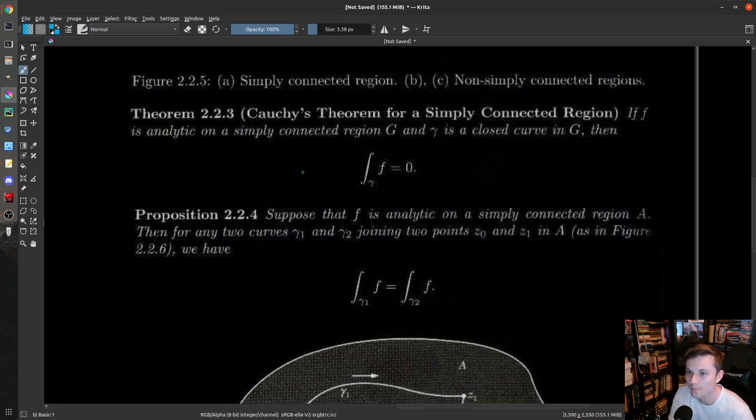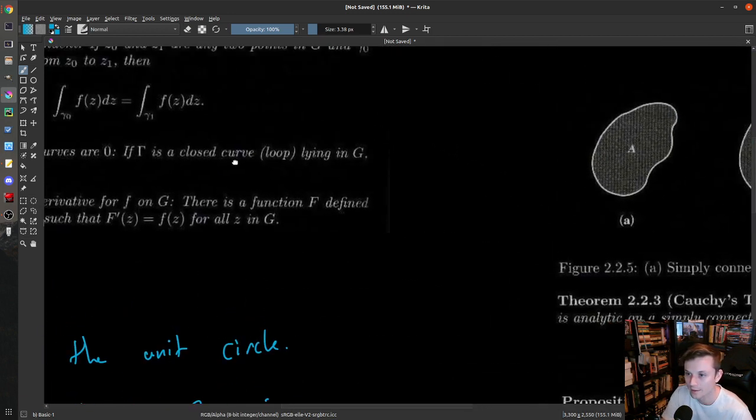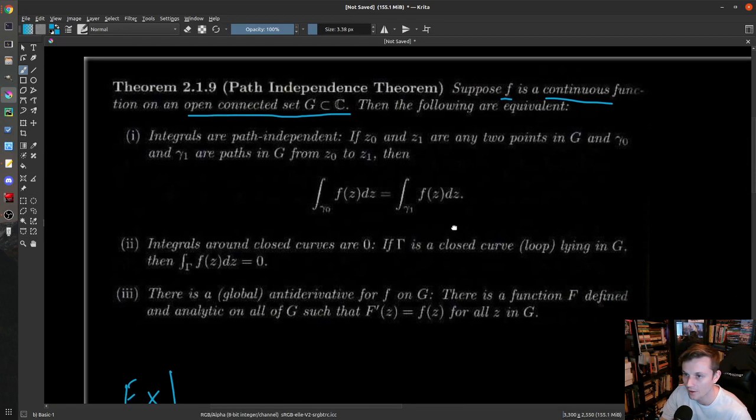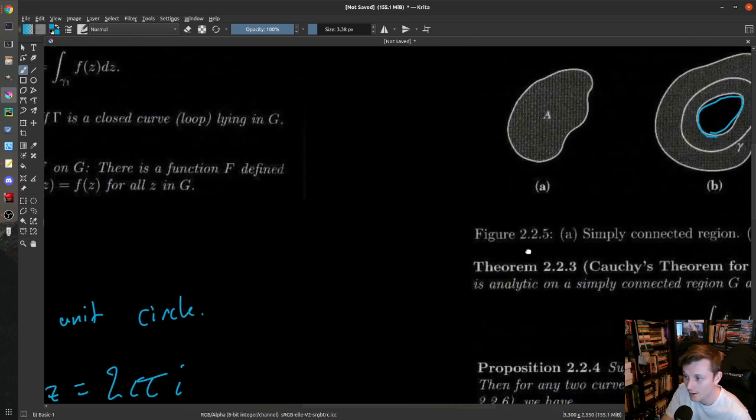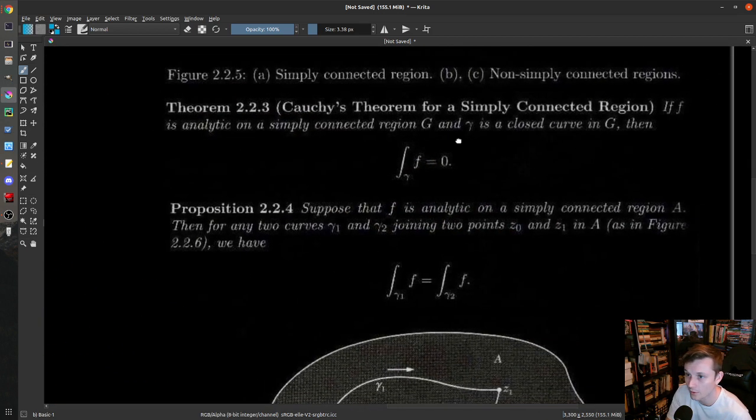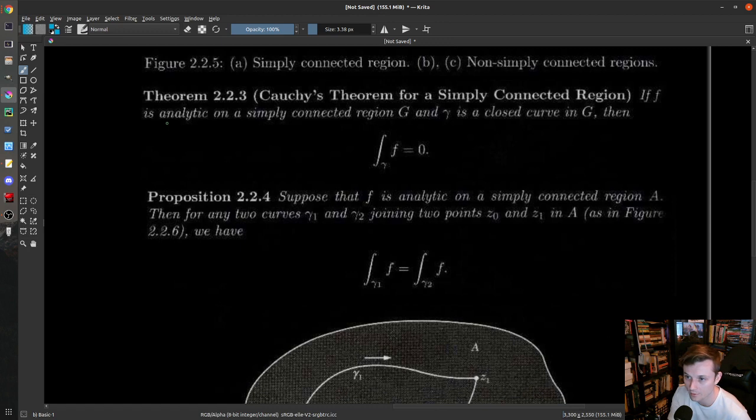But the idea right here is mostly that, as opposed to Theorem 2.1.9, where we had an open connected set and f a continuous function, now we're moving to an analytic function on a simply connected region G. Remember, a region is an open connected set.